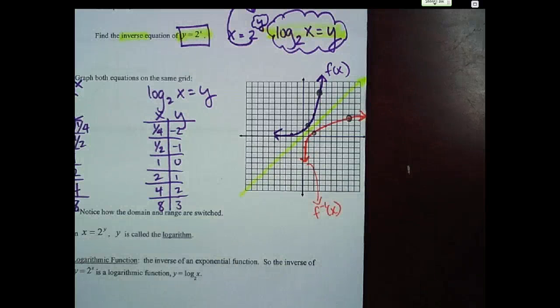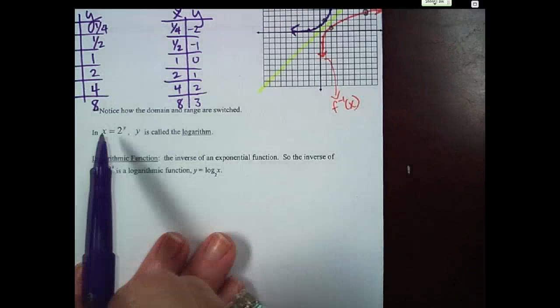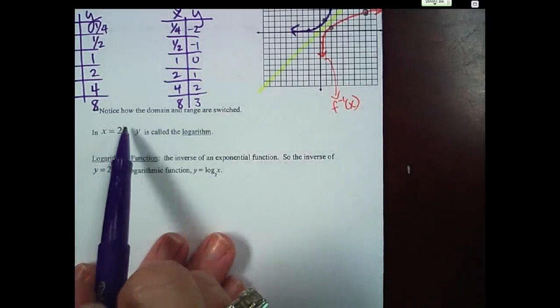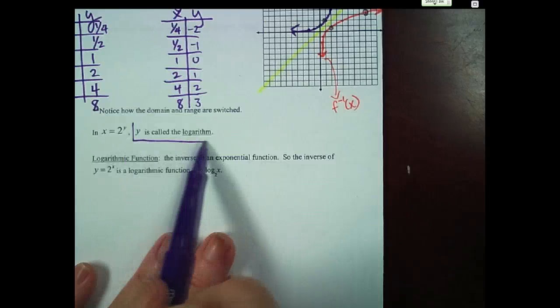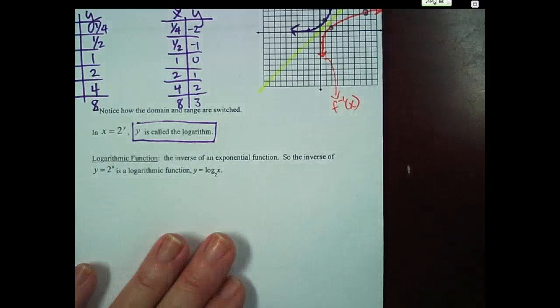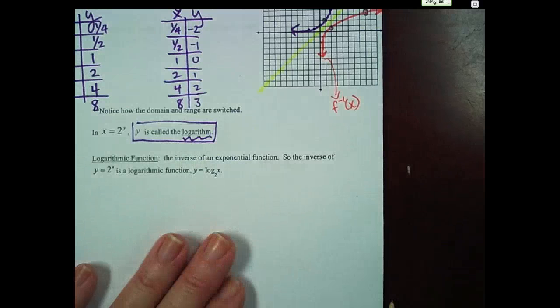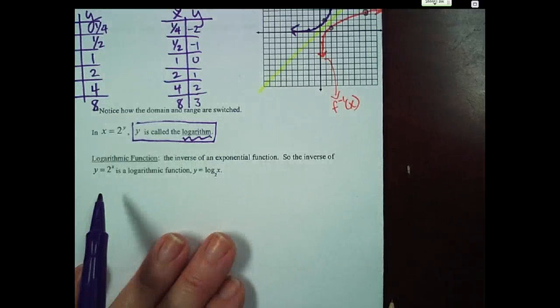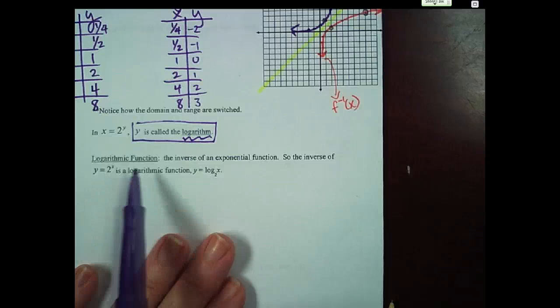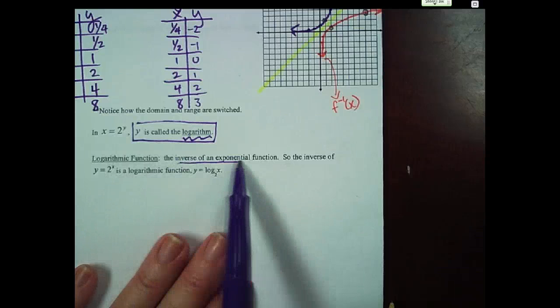Okay, so let's see what we noticed then. Down here it says x equals 2 to the y power, what's y called? We already know this. Y is the exponent, but what are you finding when you find an exponent? A log, okay. And then this is the next thing we just proved: a logarithmic function is the inverse of an exponential.